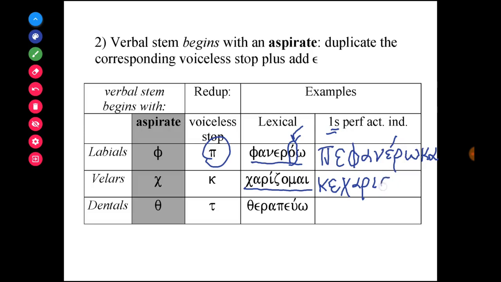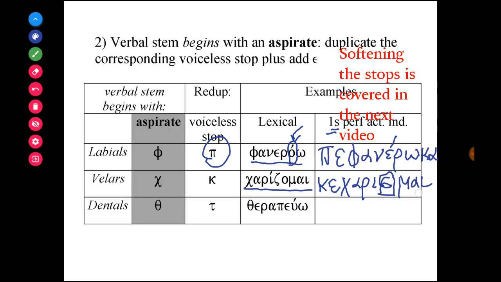Instead, its form actually is a sigma. It softens the dental to a sigma. And so the form is kecharismai, which is I have forgiven. And I'll go over the special rules for softening the stops for the deponent or middle passive forms.